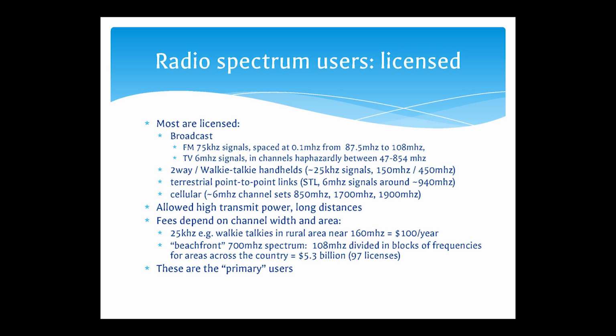Another popular use is TV signals. Because there's a lot more data, because of the video, those signals are a lot wider. They're 6 megahertz wide. And they are spaced very haphazardly, randomly, between 47 to 854 megahertz.